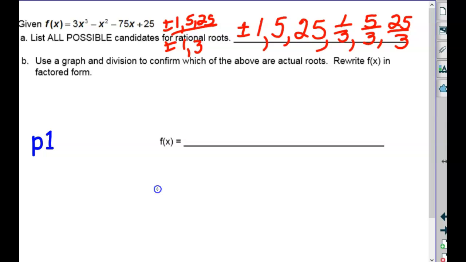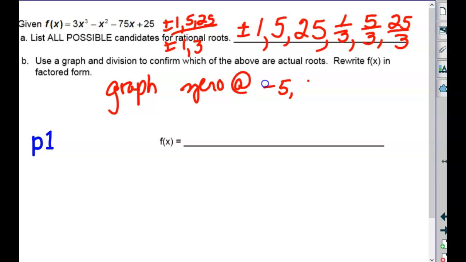Then if you graph it, it has zeros at negative 5 and positive 5 or 3.